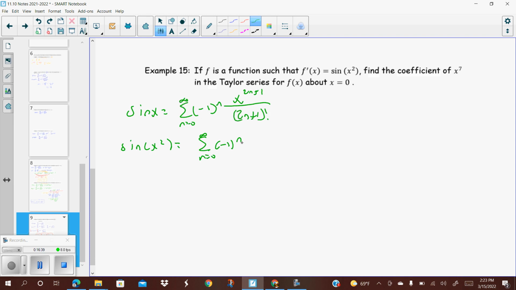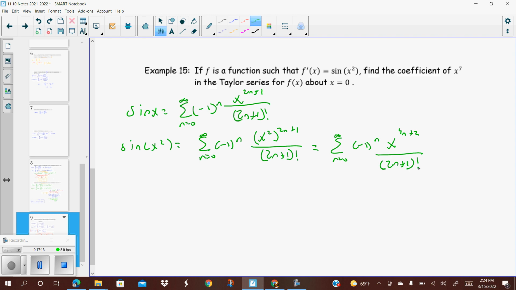So, all right, let's substitute x squared in for x. That'll be x squared to the 2n plus 1 power over 2n plus 1 factorial. And we'll simplify. So x squared to the 2n plus 1 becomes x to the, multiplying the exponents, 4n plus 2 power over 2n plus 1 factorial.